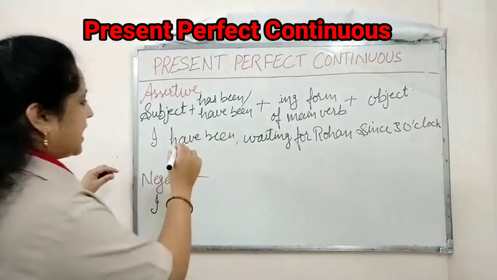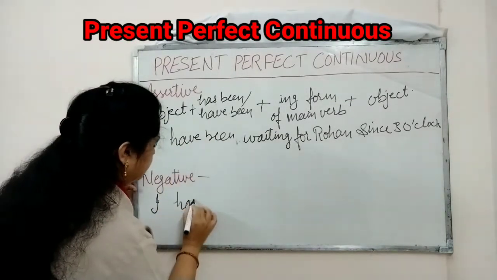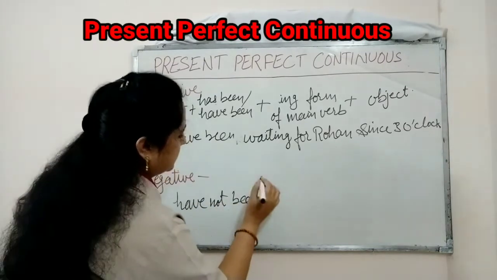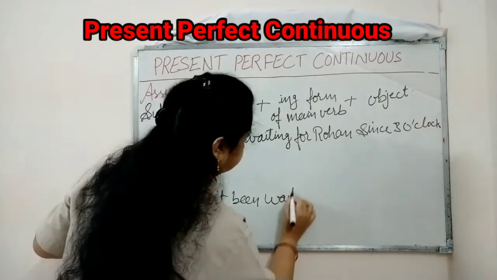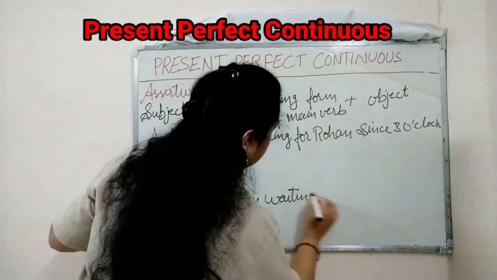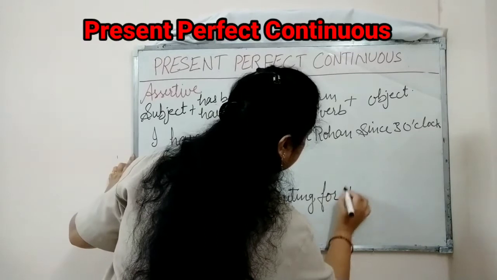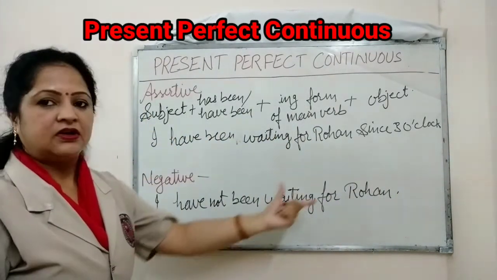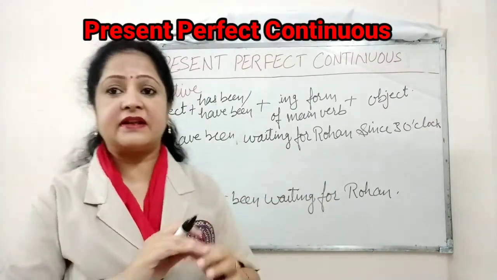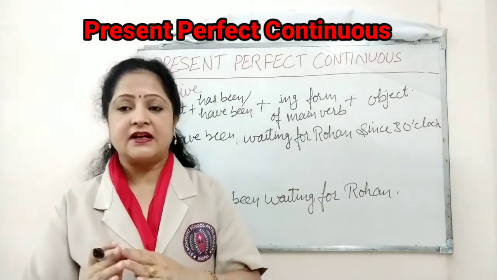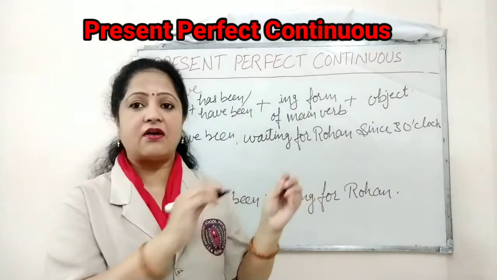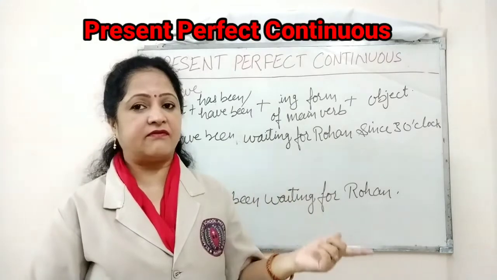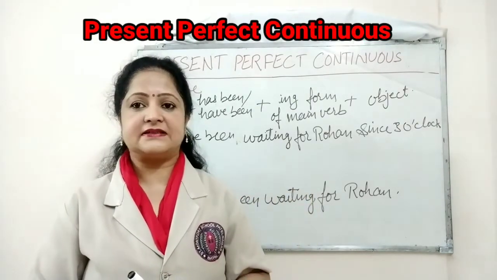So I have not been waiting for Rohan. I have not been waiting for Rohan. So understood? First of all we write the subject. After the subject we write has not been or have not been according to the subject, and then the ing form of the verb, and then the object of the sentence.